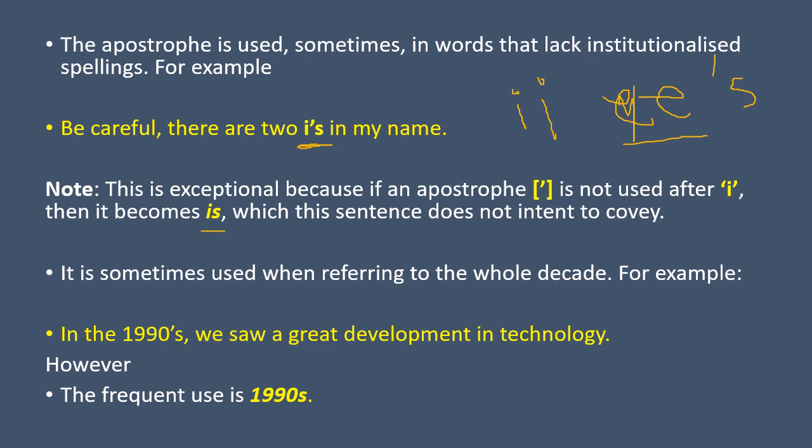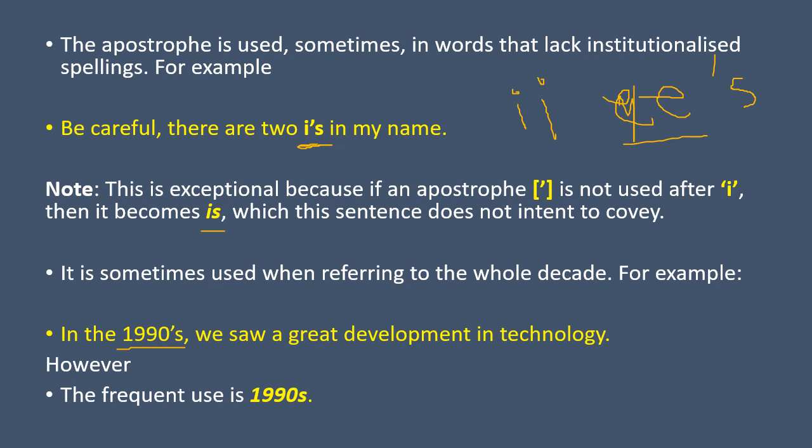It is sometimes used when referring to the whole decade. A decade is 10 years. For example, in the 1990's we saw a great development in technology. I just made up a sentence here. I don't know whether the 1990s saw the development of technology or not, but 1990's with an apostrophe and s means the whole decade, from 1990 to 1999, the whole 10 years.